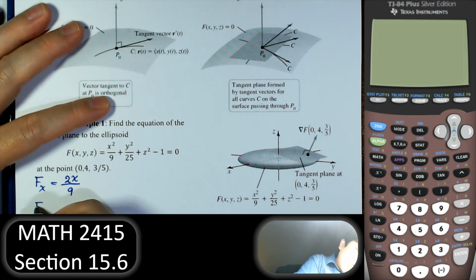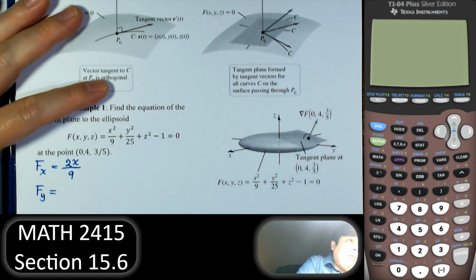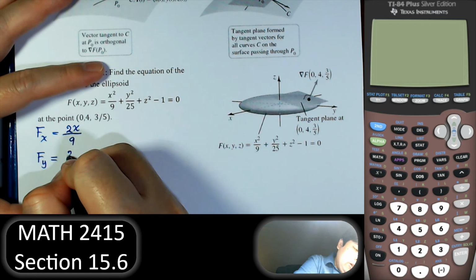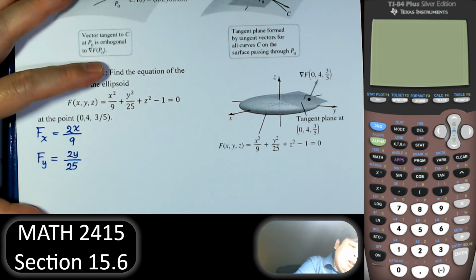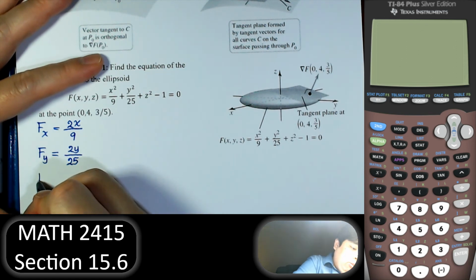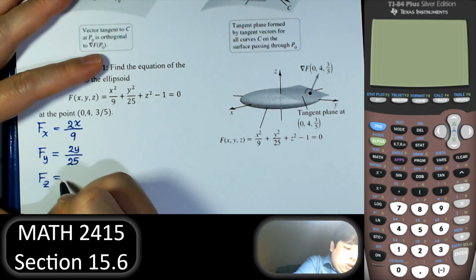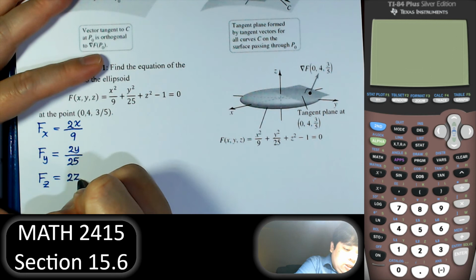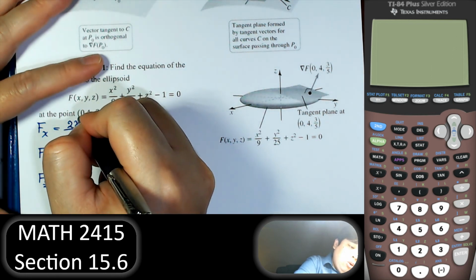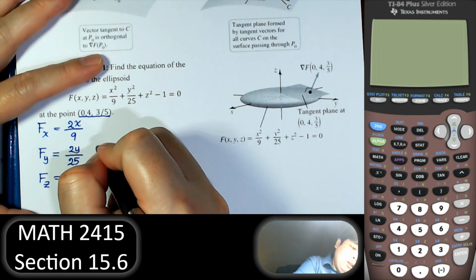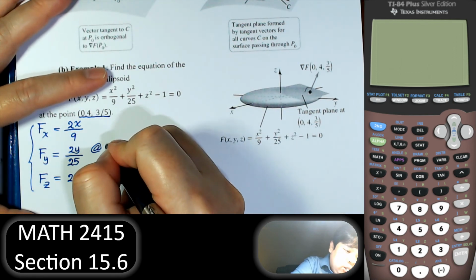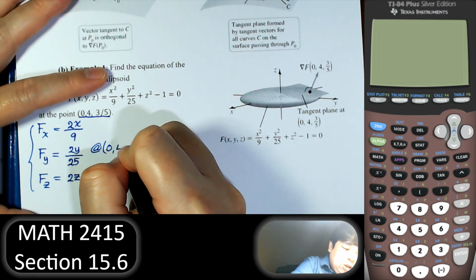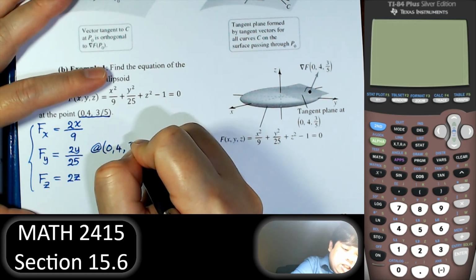Derivative with respect to y is 2y over 25, and derivative of f with respect to z is 2z. We evaluate at this point, where x equal to 0, y equal to 4, and z equal to 3/5.